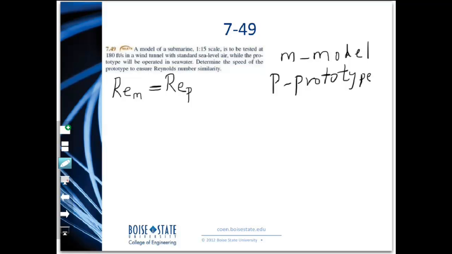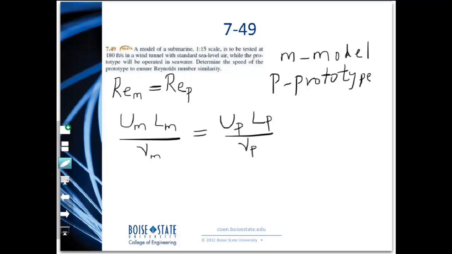And the definition of Reynolds number, it's a non-dimensional number, U L over mu m. You can use mu over rho as well, which will be the absolute viscosity or density. It's the same thing, you'll end up with the same answers, but I've used the kinematic viscosity, so it will be equal to the Reynolds number for the prototype.